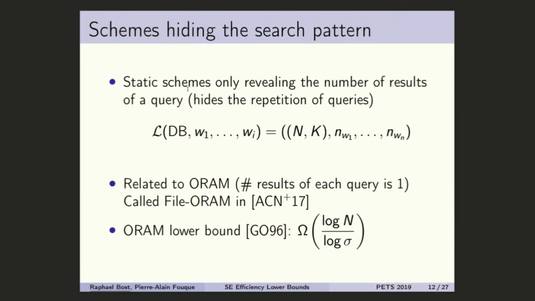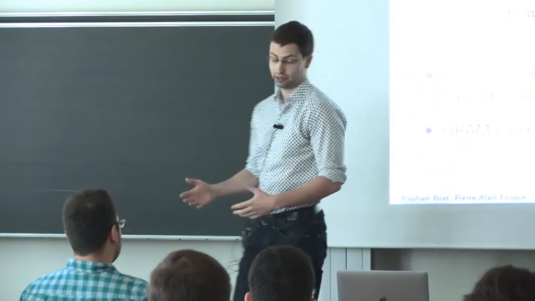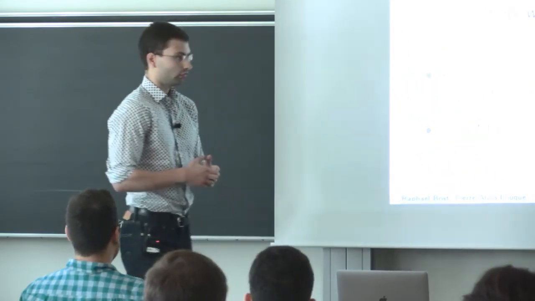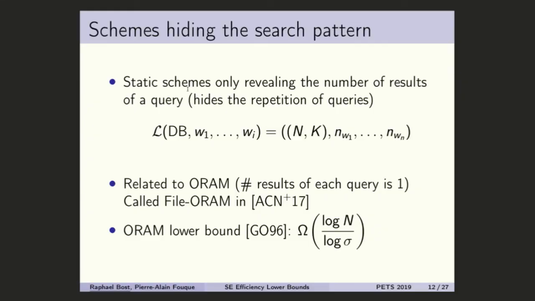And you know that there is this very famous lower bound from Goldreich and Ostrovsky that says that if you have a client whose state is of size sigma and your database is of size n, the communication overhead is at least log n over log sigma. And there is very recent work from this year that shows that this lower bound is tight.